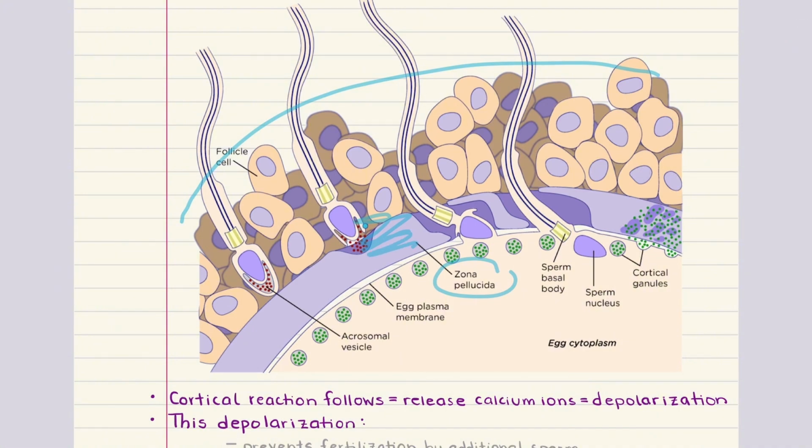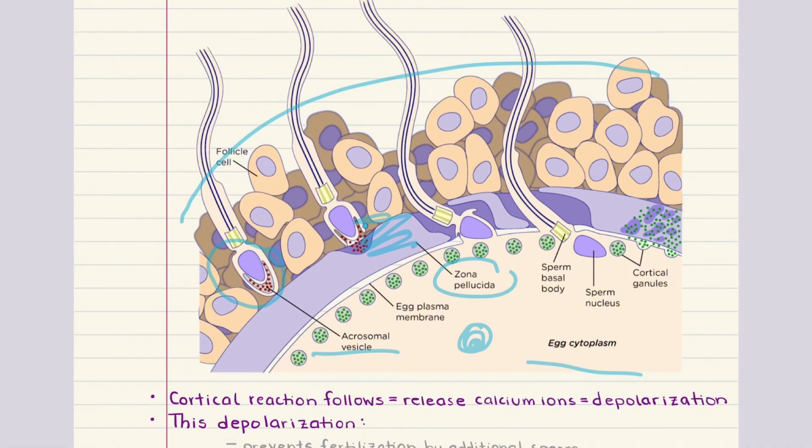The sperm then uses enzymes released from the acrosomal apparatus to break down these layers and make its way to the egg's surface. Once the sperm successfully penetrates the egg's plasma membrane, its pronucleus is going to enter the egg, and only then does the secondary oocyte complete meiosis II and form a mature ovum and a second polar body.